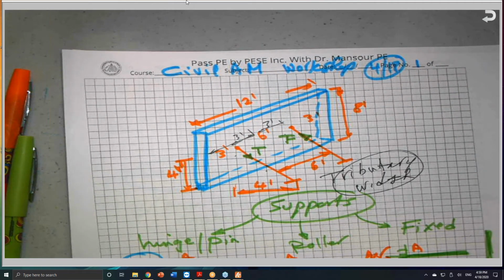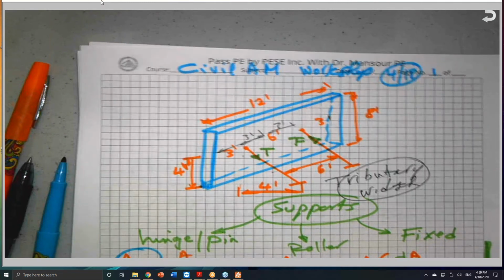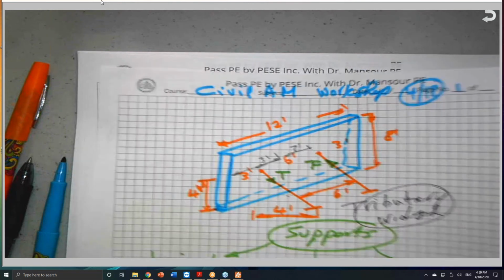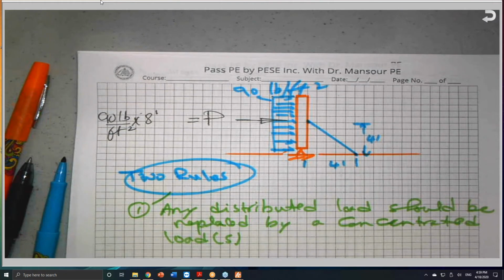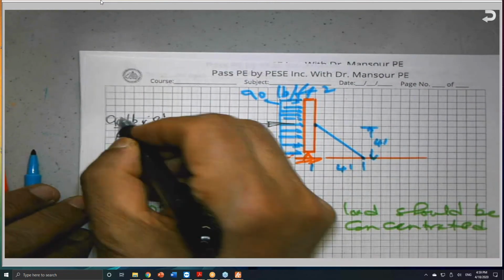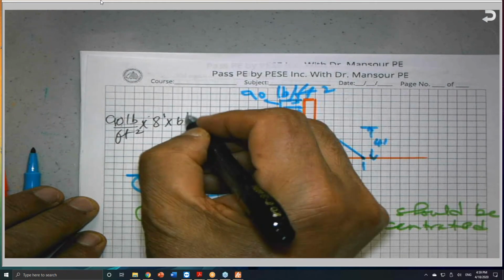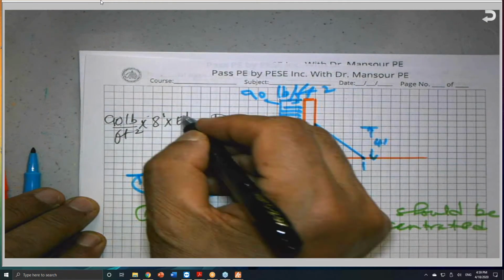And I will modify the problem and show you what the situation will be if the problem is modified. So I need to multiply the 90 by the height, which is 8 feet, times the responsibility, which is the tributary width, which is 6, 3 from each end.